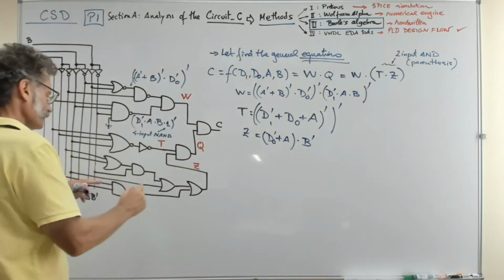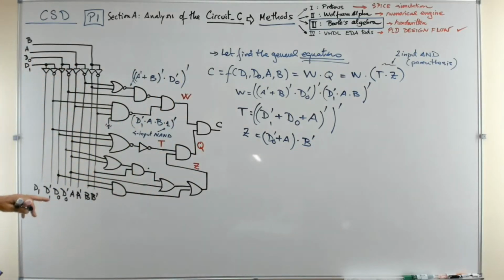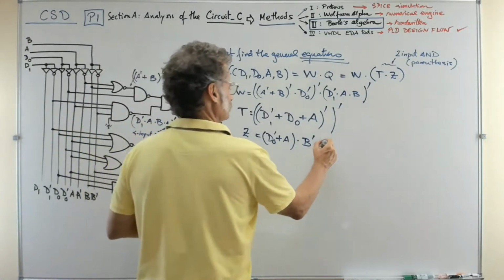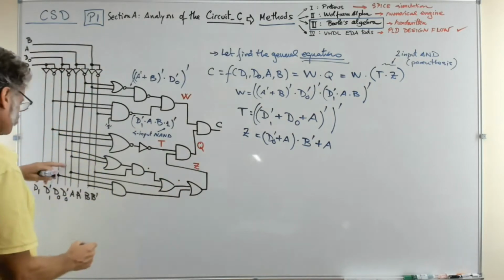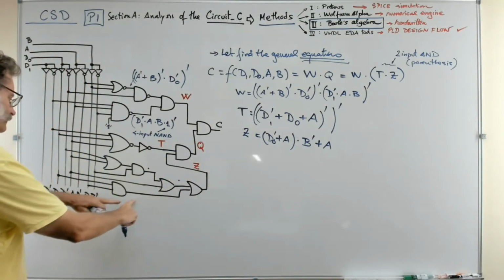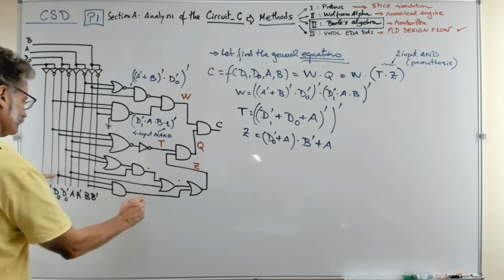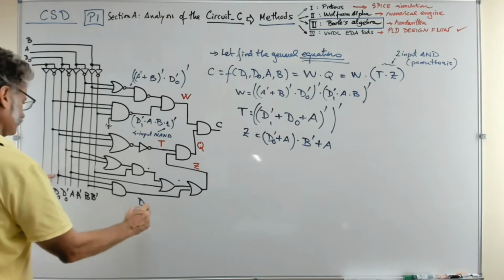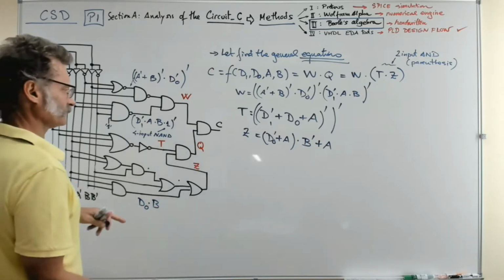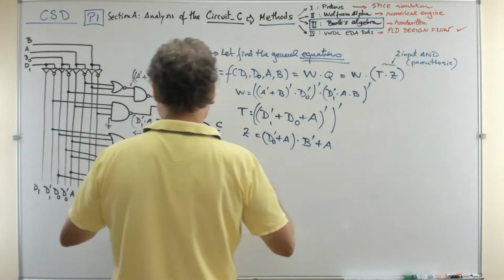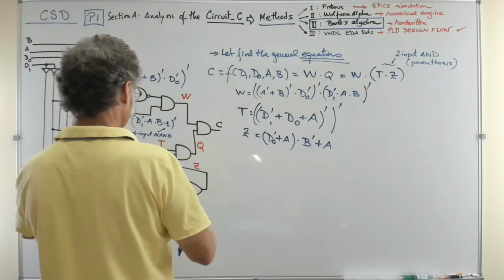That's the term that you've got up to this point. Now you can just OR with A, like this. So now you are here. And finally you can get the last term, which is D0 and B. So that goes connected here.